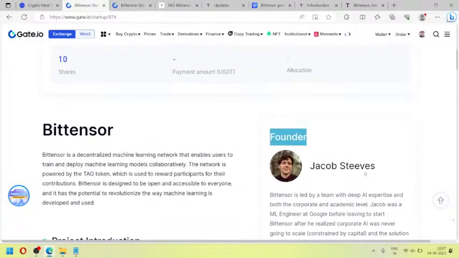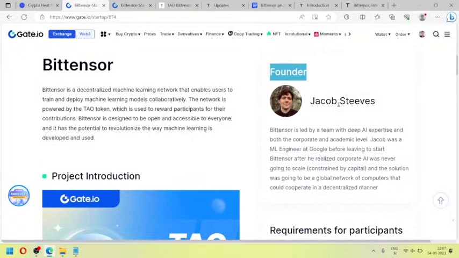We can see the founder is Jacob Steves. Jacob Steves is the founder of Bittensor, and Bittensor is led by a team with deep AI expertise at both the corporate and academic level. Jacob was an ML engineer at Google before leaving to start Bittensor, after he realized corporate AI was never going to scale, and the solution was going to be a global network of computers that could cooperate in a decentralized manner.